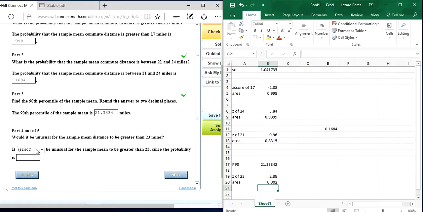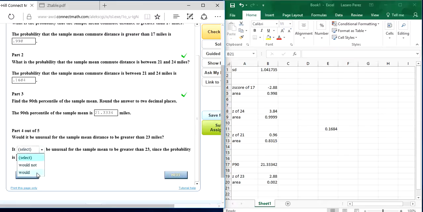So that would be unusual. And the reason it's unusual is because it's less than 0.05. If it's less than 5%, 5% in decimal form is 0.05, so it would be unusual.